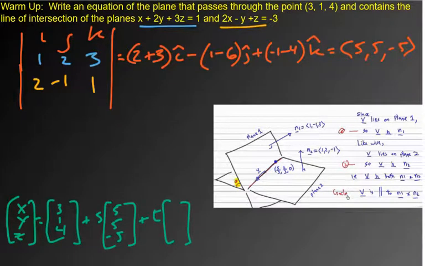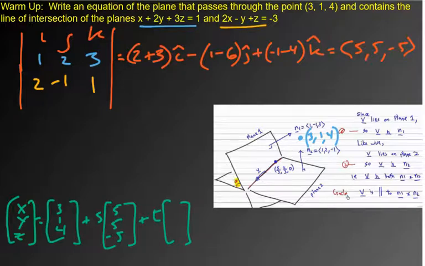To get the other one, imagine our point (3, 1, 4) is up here in space.